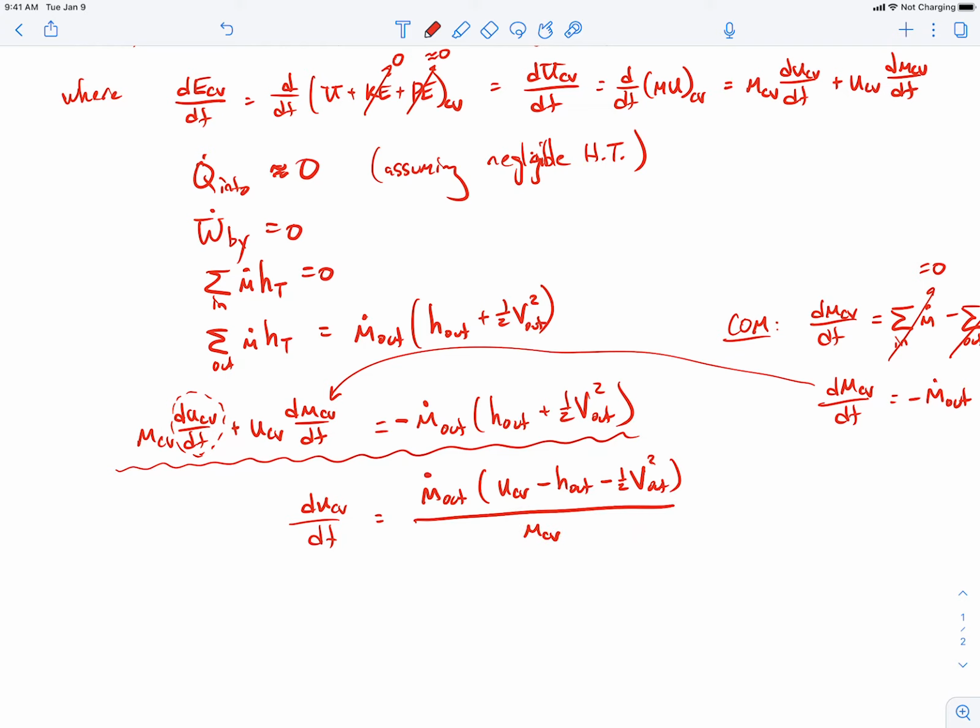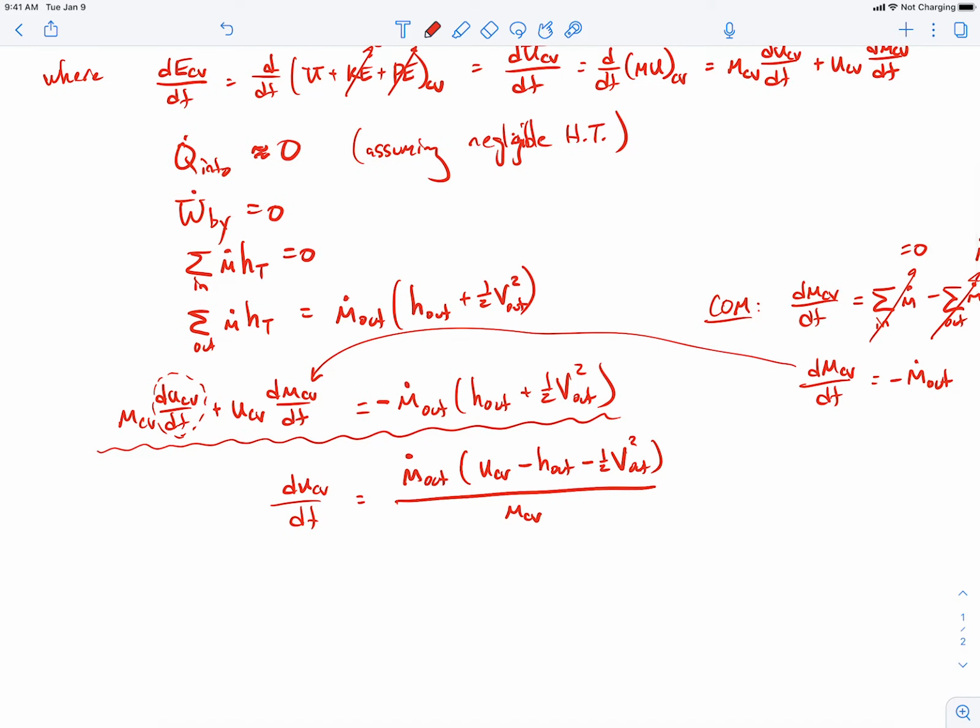Let me just look at that for a moment to make sure I've got all the signs correct. Yeah, I think everything's okay there. And this is what I'm solving for, specifically initially, so I'll put a subscript i there to mean the initial case.